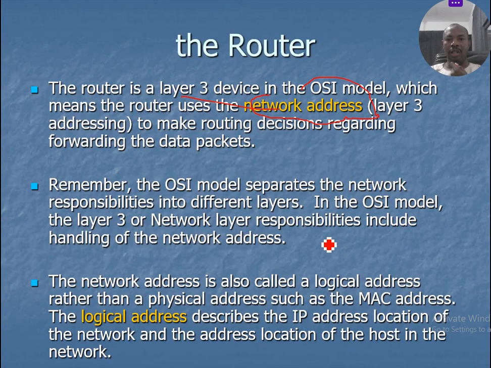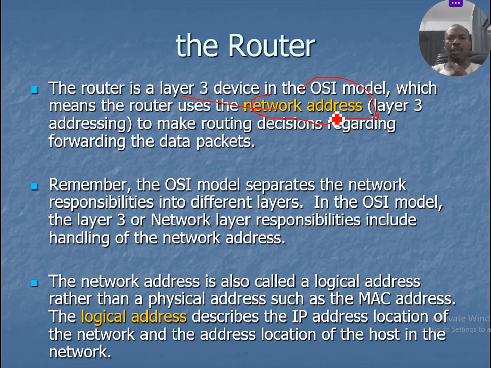And what does it use this network address for? It uses this network address to make the routing decision whenever it's forwarding a data packet from one host to another on the network.